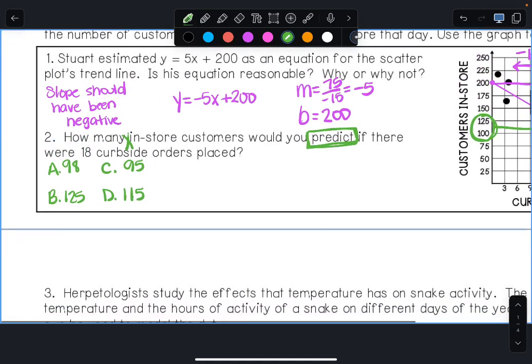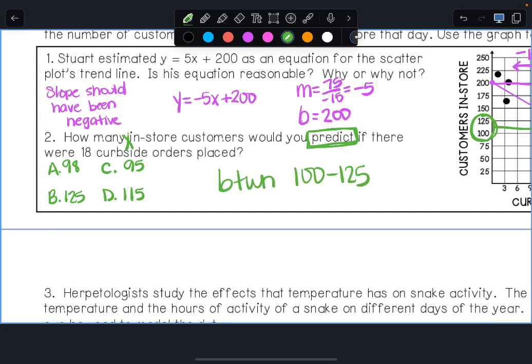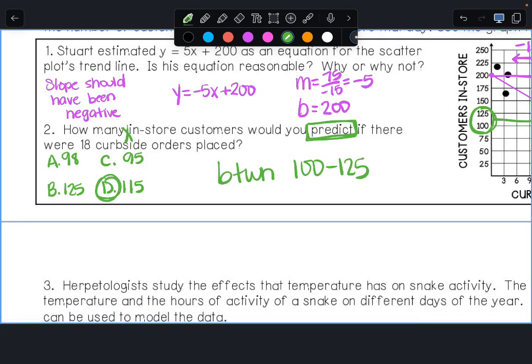So if my answer must be between 100 and 125, I would pick what answer? D. These are predictions. These are estimates. So you're not going to find the exact answer. You just have to find the answer choice closest to it. Got it?